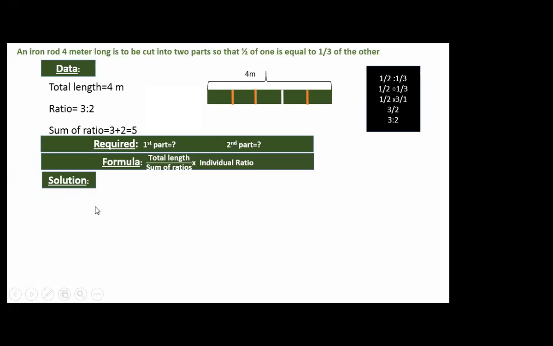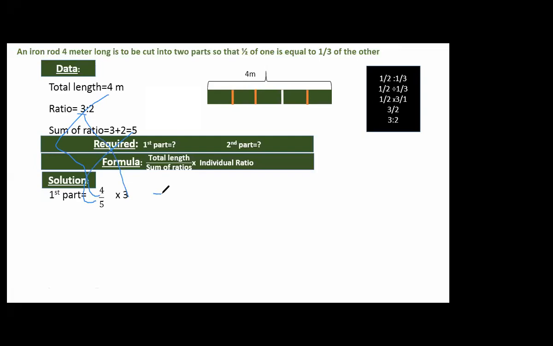So first part is equal to, what is the total length? Total length is 4. Sum of ratio is equal to 5, and for the first part the ratio is 3.